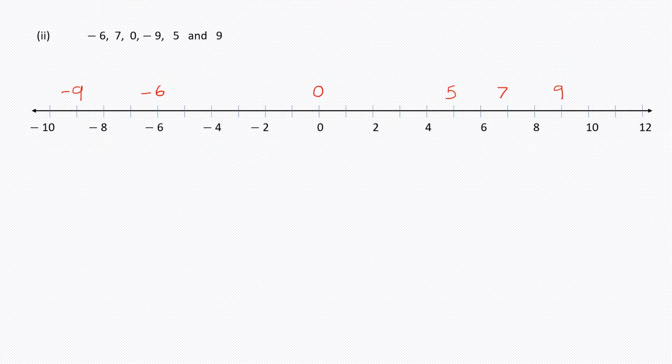Now let's write just the numbers which you see above the number line from left to right. So minus 9 is less than minus 6, is less than 0, is less than 5, is less than 7, is less than 9. So we've got the numbers in ascending order from small to big.